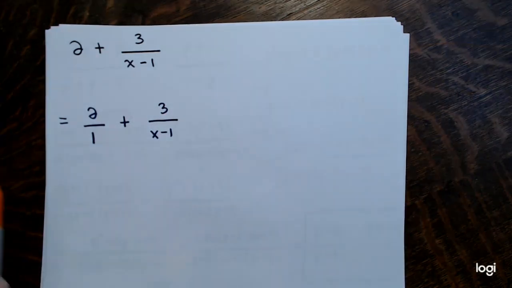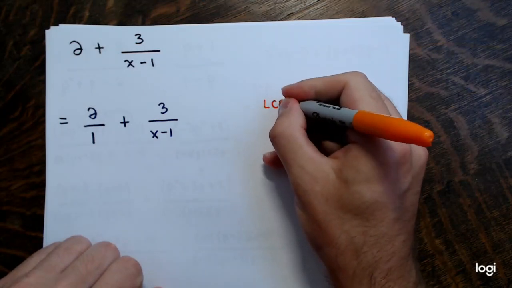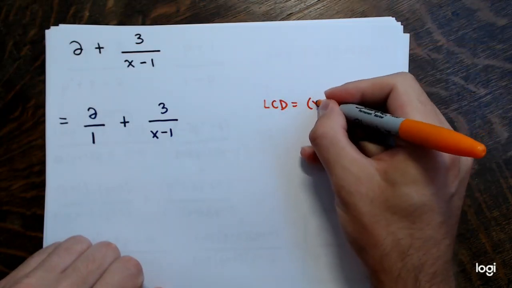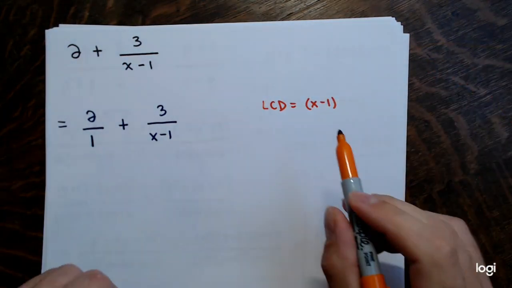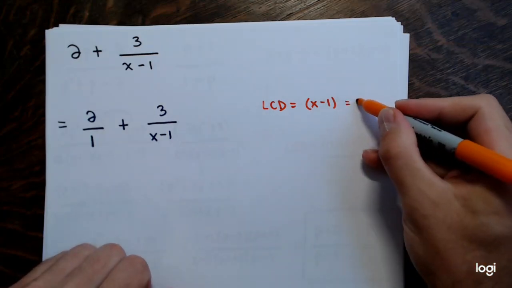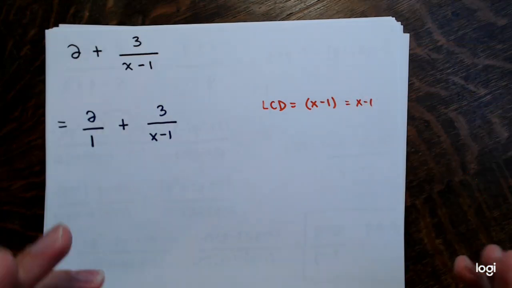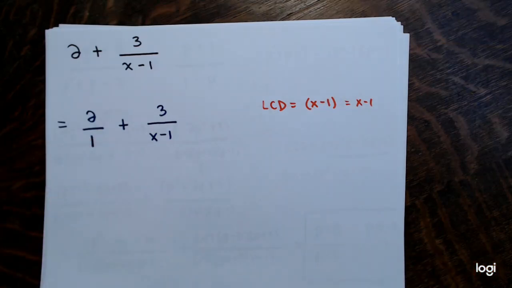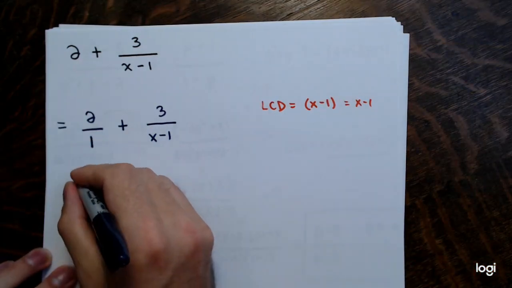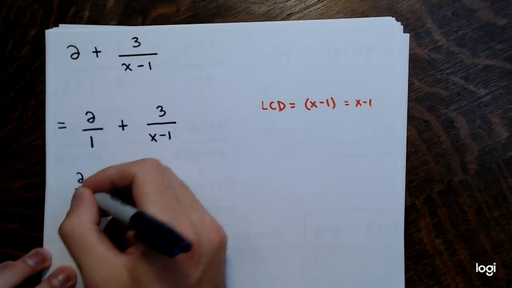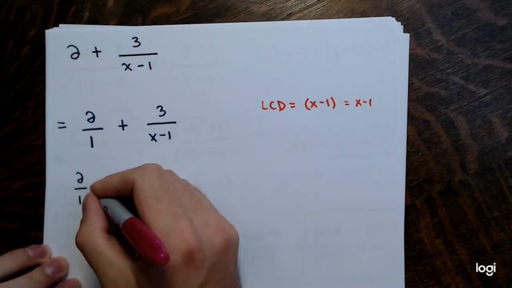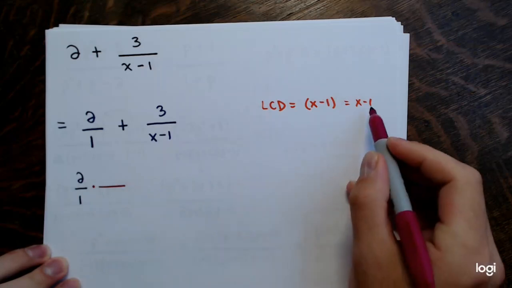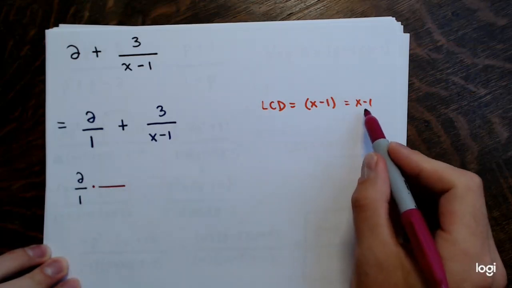All right, and now hopefully you can see that the LCD is simply x minus 1. Again, it's the only factor, so I really didn't need to put parentheses, but it's just x minus 1, right? It would be x minus 1 times 1. Then changing the fractions, so 2 over 1. Let's start with that fraction. Multiply the top and bottom by this LCD. The only thing missing is x minus 1.